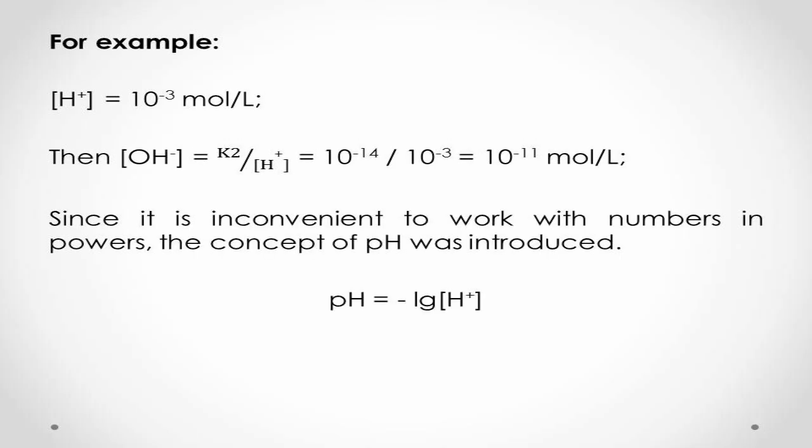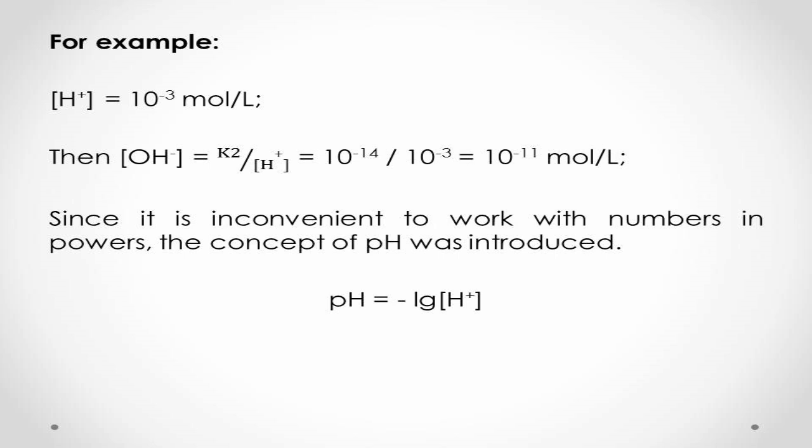Since it is quite inconvenient to work with such numbers raised to a power, the concept of pH was introduced. pH is the negative decimal logarithm of the H plus ion concentration.